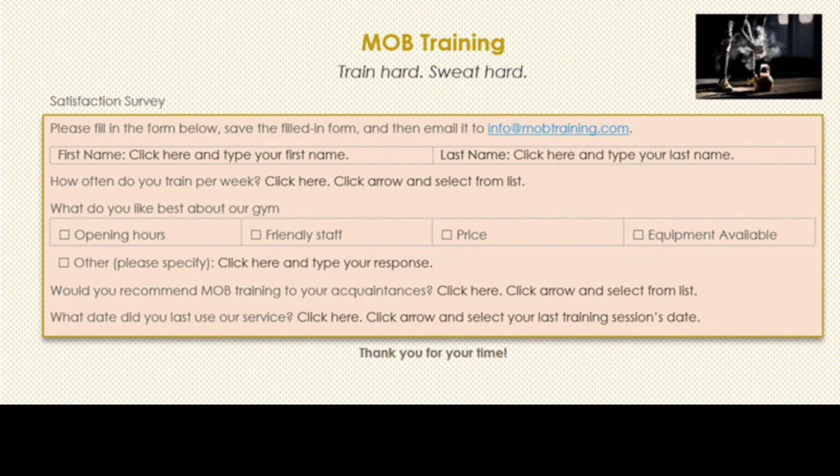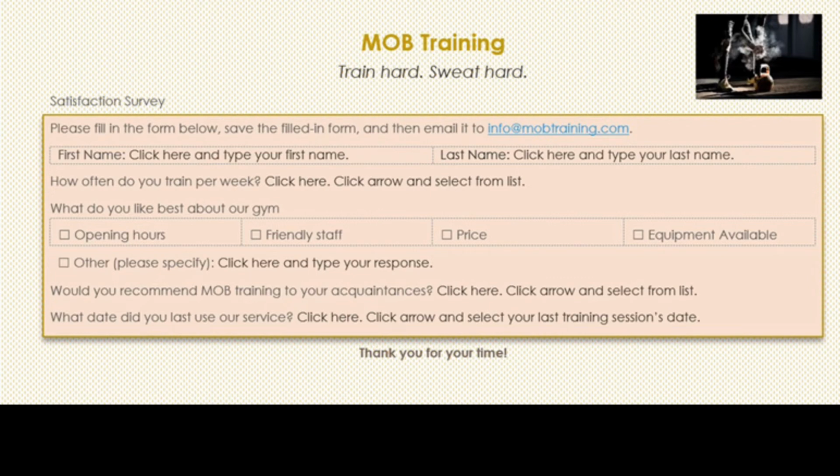On it, as you can see, I mainly used my gym's colors. I also did some nice formatting, and I put a picture of someone training at the top. So members could fill in this form on our website.